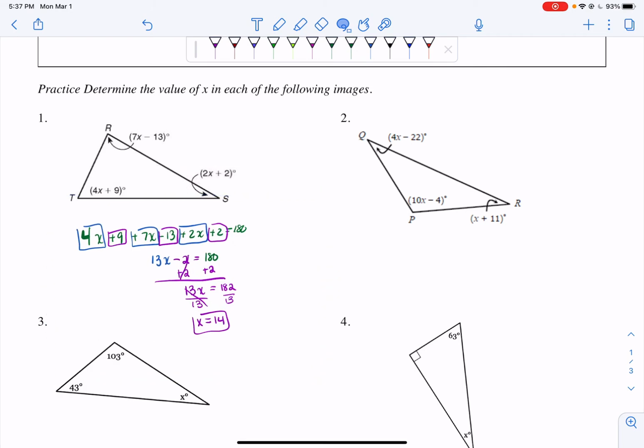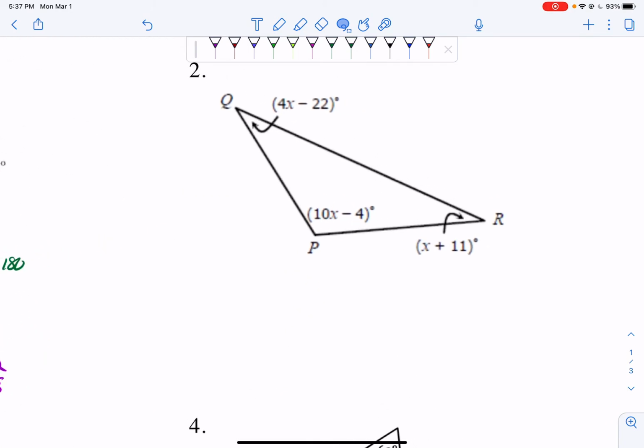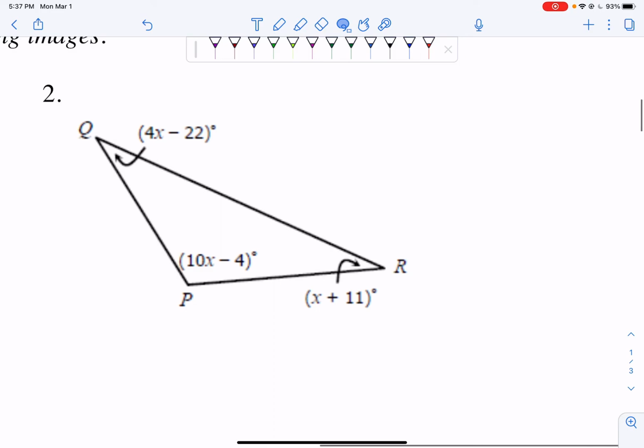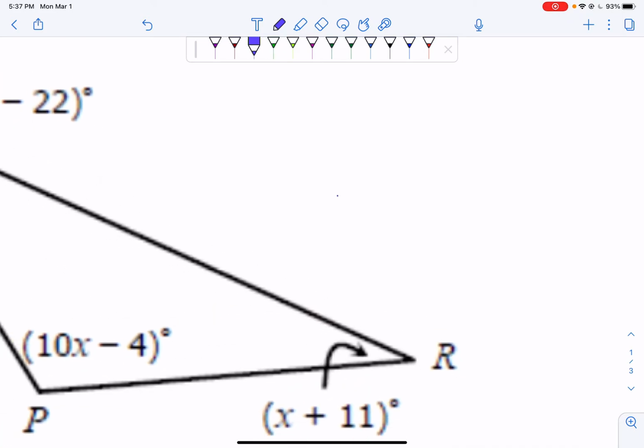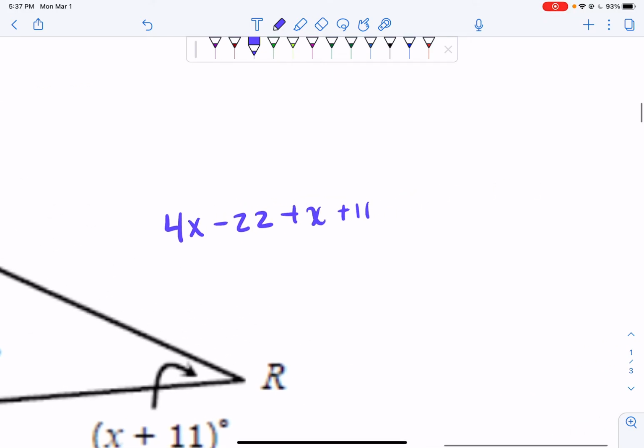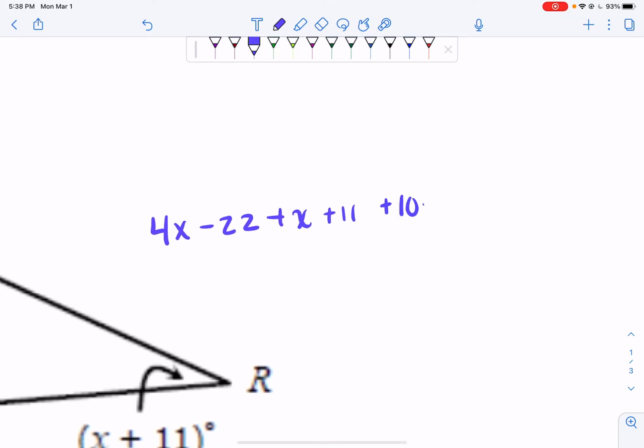If you look at number 2, I still just want to find x. In all these examples I just want to find x. So I take all 3 angles, add them up, and set them equal to 180. So I'm going to do 4x minus 22 plus x plus 11 plus 10x minus 4 equals 180. I'm going to combine my like terms.